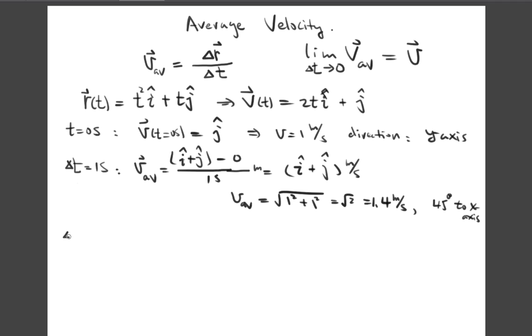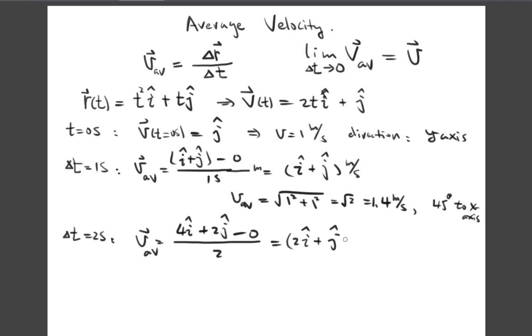Now let's look at a larger time interval, let's say 2 seconds. Then V average equals, at 2 seconds, we get 4 i hat plus 2 j hat minus 0, divided by 2 seconds. And the result here is 2 i hat plus j hat in units of meters per second.